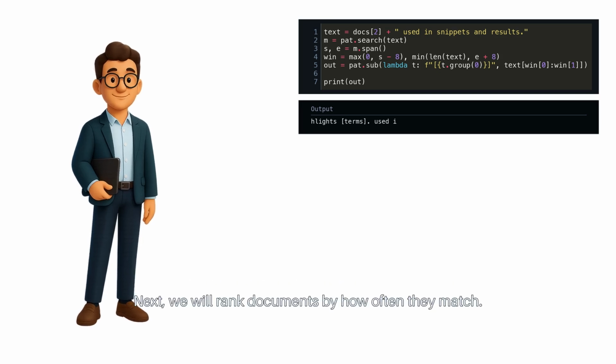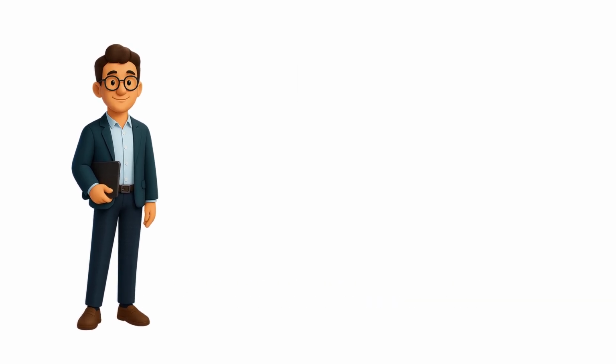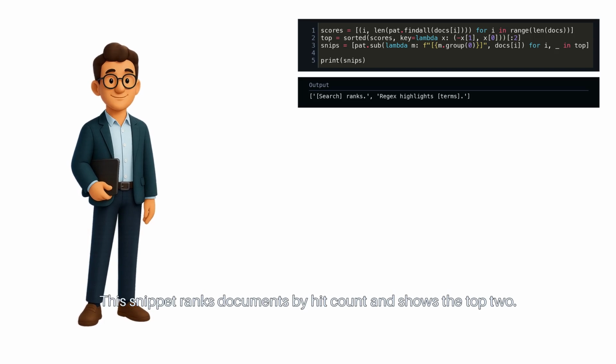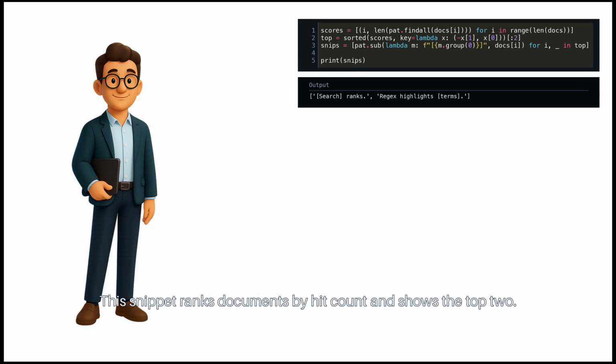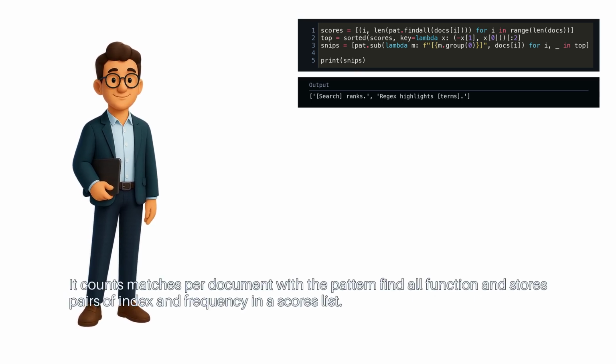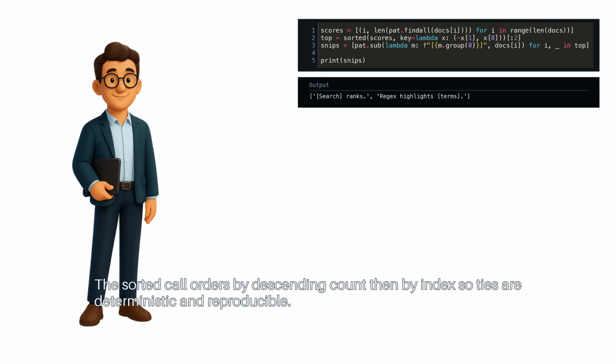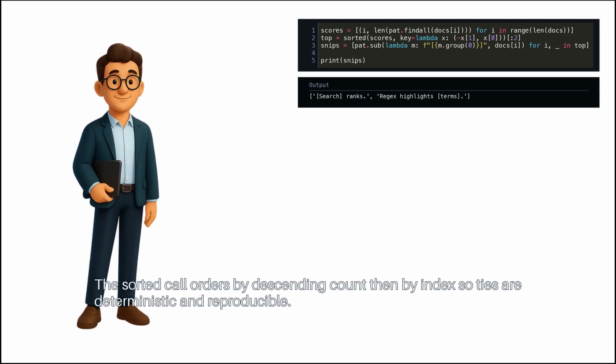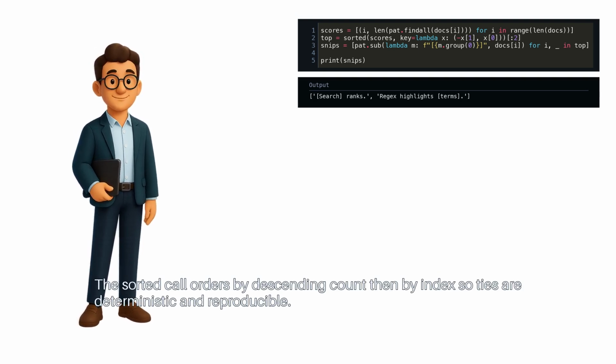Next, we will rank documents by how often they match. This snippet ranks documents by hit count and shows the top 2. It counts matches per document with the pattern findall function and stores pairs of index and frequency in a scores list. The sorted call orders by descending count, then by index, so ties are deterministic and reproducible.